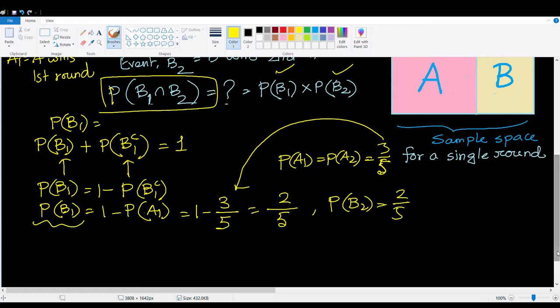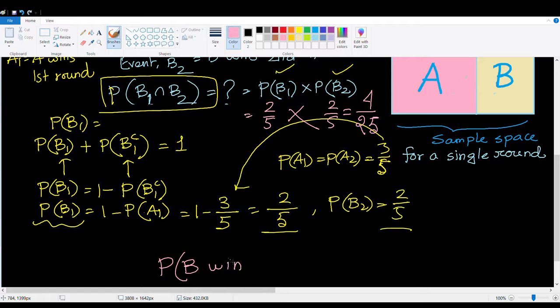So we have finally found our desired values. Now we put the values here, 2 by 5 times 2 by 5. So the result is 4 by 25. So the probability for B winning both rounds equals 4 by 25.